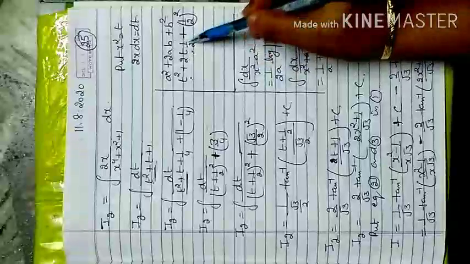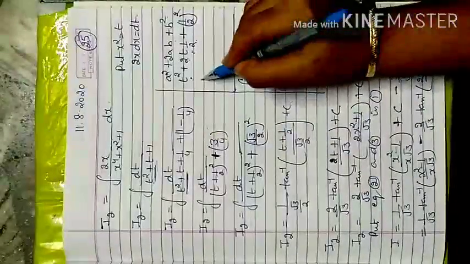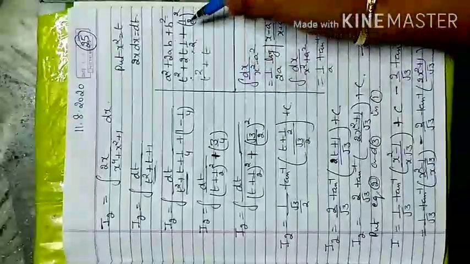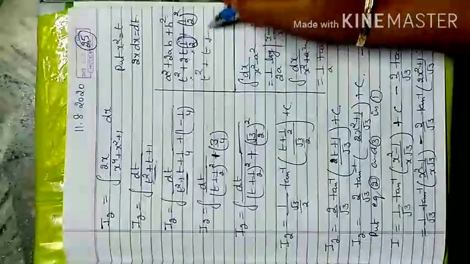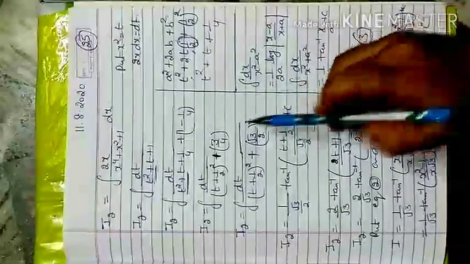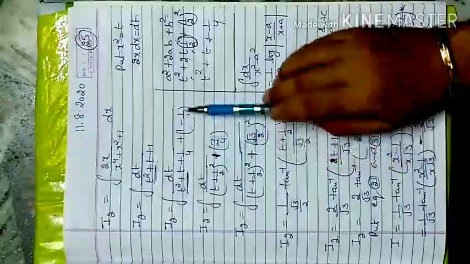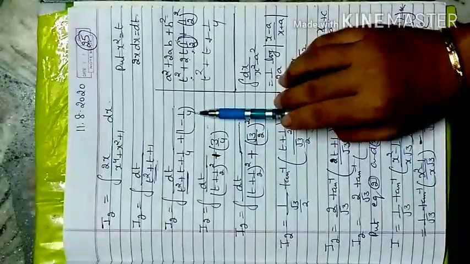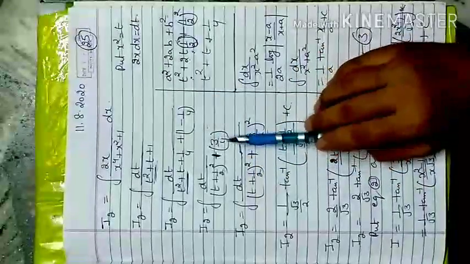That means 2 and 1 by 2, because when I cancel I get t square plus t again, and that means in place of b I got 1 by 2, so that is 1 by 4. To balance the equation and make a perfect square, if I add 1 by 4 here, I have to subtract 1 by 4 from here. So that becomes t plus 1 by 2 whole square, and this becomes plus 3 by 4.